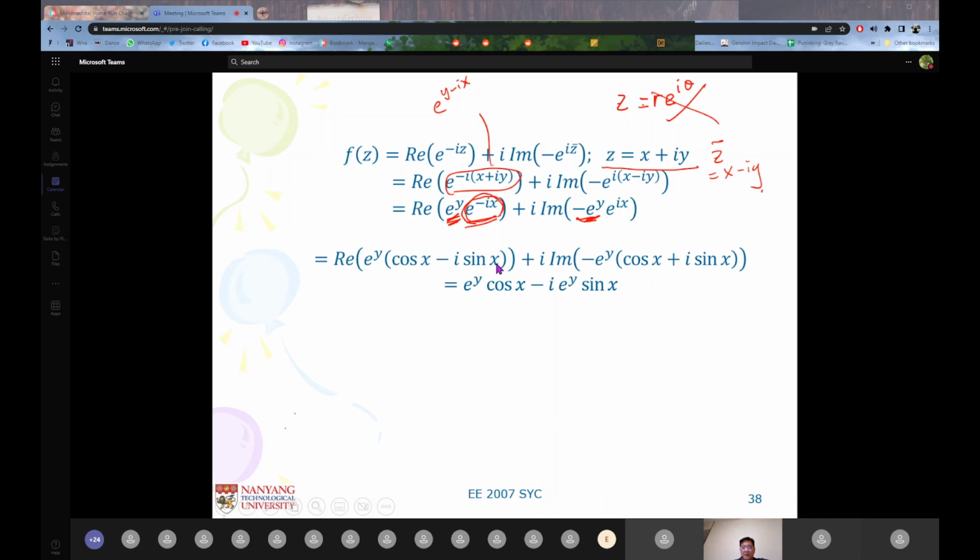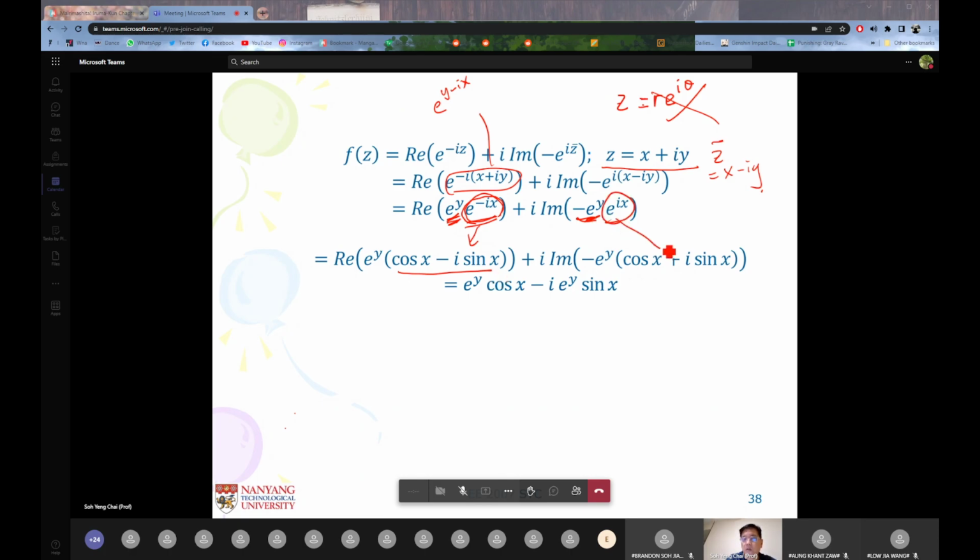So you get cosine of minus x, which is cosine of x, and sine of minus x is minus sine x. So this one changes to this, and this one here changes to this.